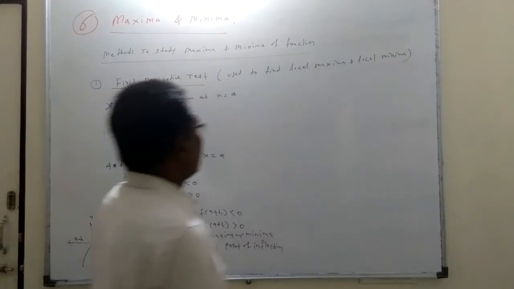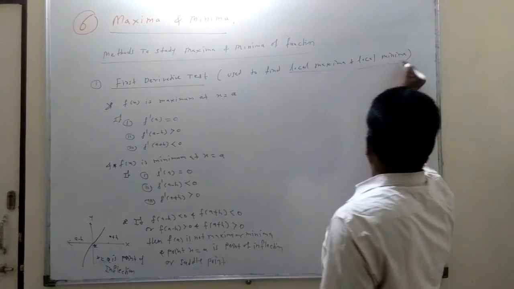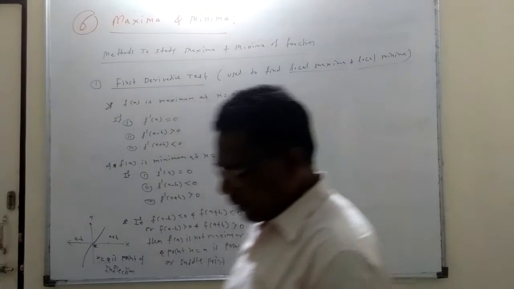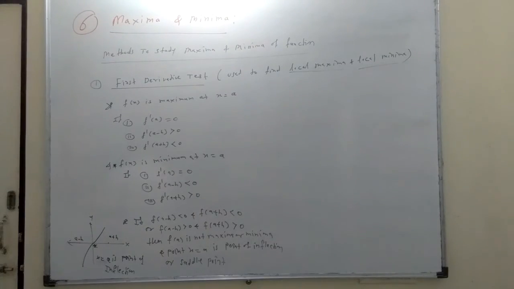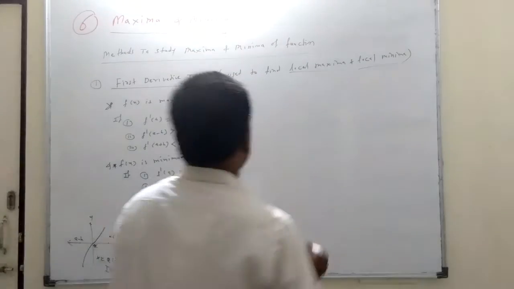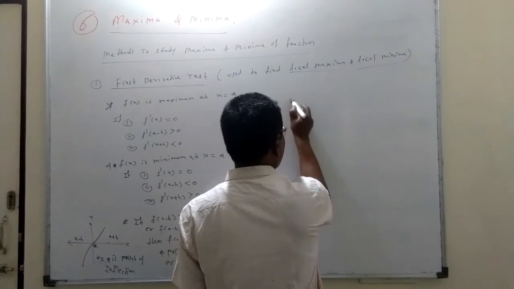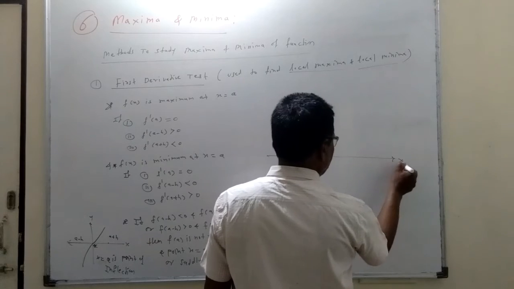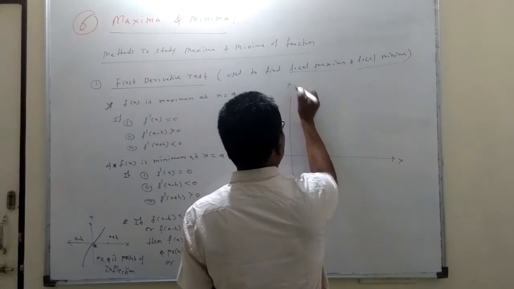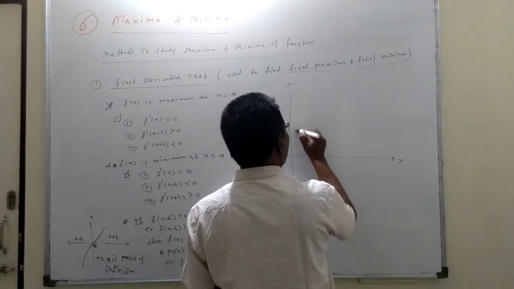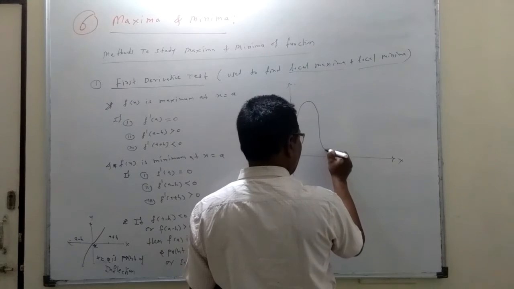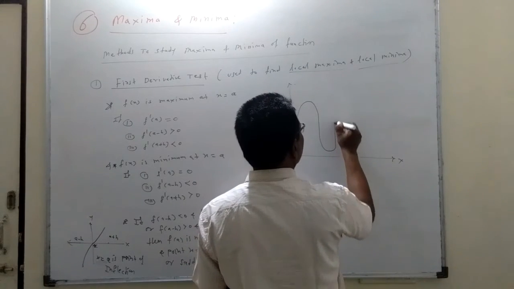Now here the term local maximum, local minimum. What is local maximum and local minima? That also we understood here. Suppose if we plot the graph, the curve is coming like this.